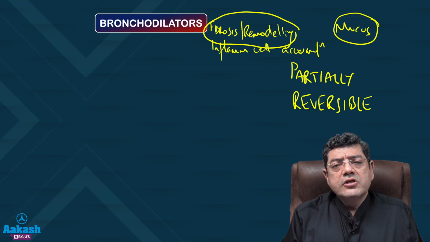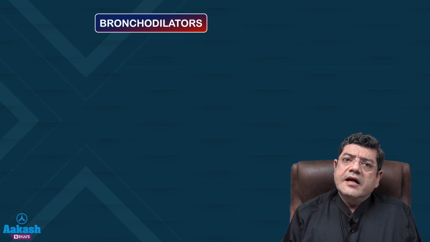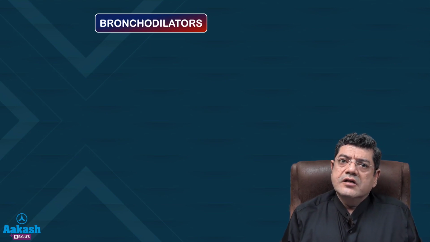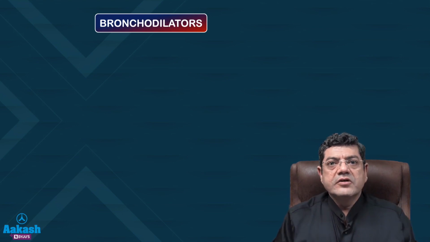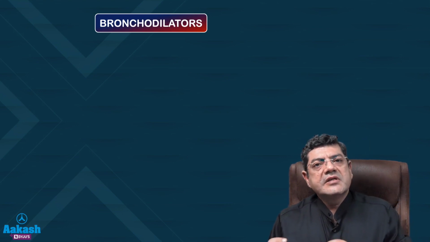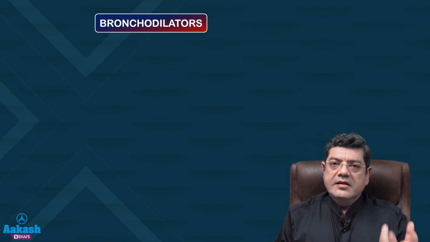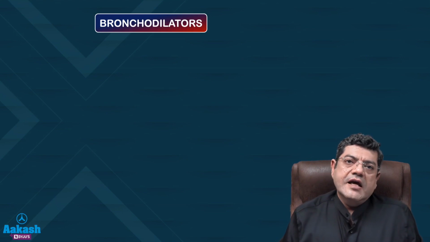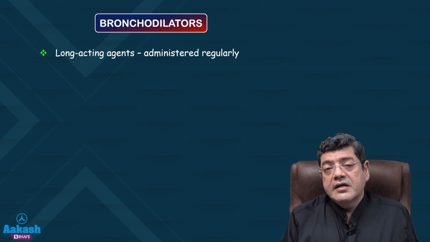So you can use short-acting and long-acting drugs as bronchodilators. Long-acting drugs are administered on a regular daily basis, whereas short-acting drugs are administered as and when needed. So if the patient on a long-acting muscarinic antagonist develops dyspnea in the middle of the day, then they are asked to take a short-acting inhaler for that particular episode.